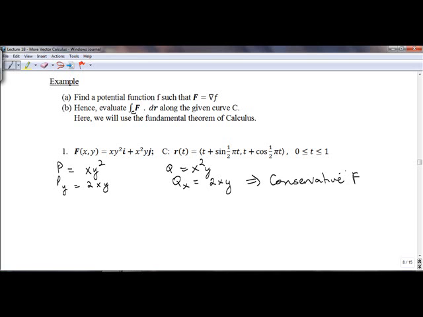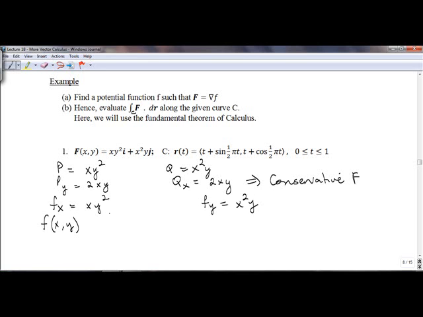Good. Let's find the potential function. Set up your two equations with the partials. So f partial x is xy squared. Partial of f with respect to y is x squared y. Now, on the left, let's find the potential function f of xy by partially integrating with respect to x.